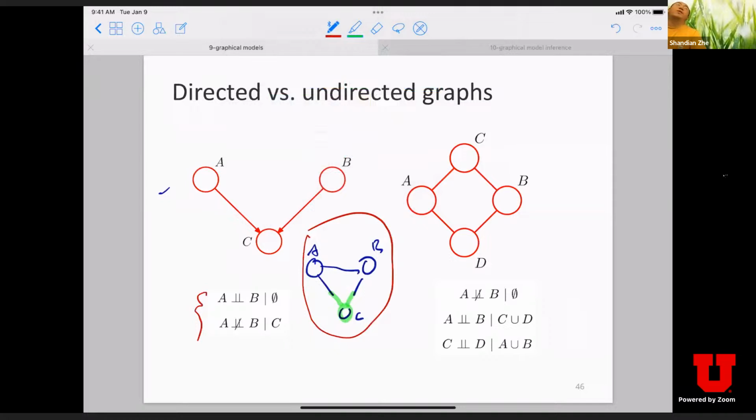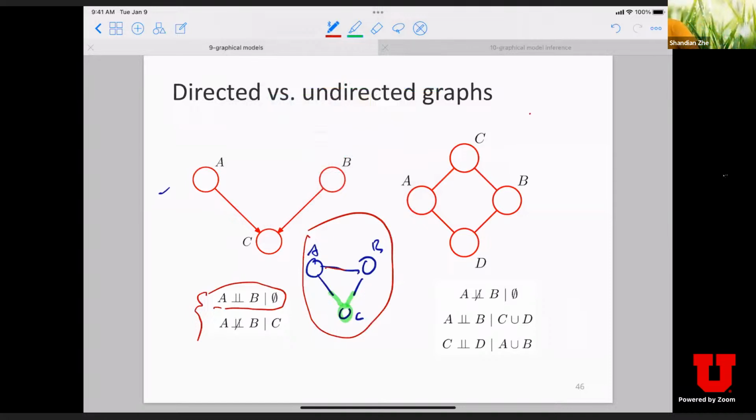No. Why? Because A and B have already been connected, so there is a path connecting them. It is not blocked because there are no shaded nodes between them. So they are dependent. We lose this property. So after you do this moralization and directionality removal, you can possibly lose some properties of the Bayesian network.